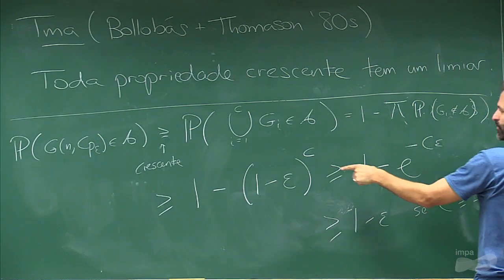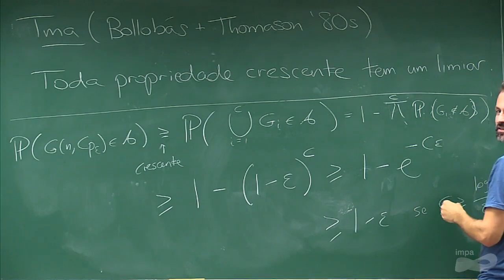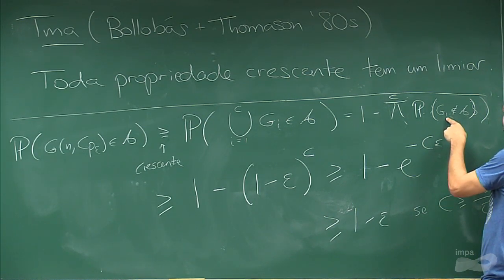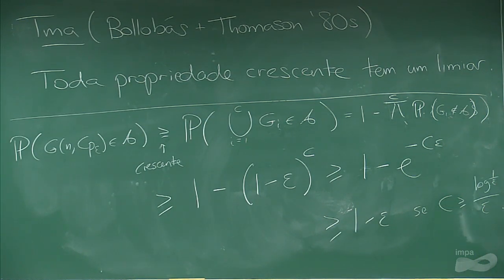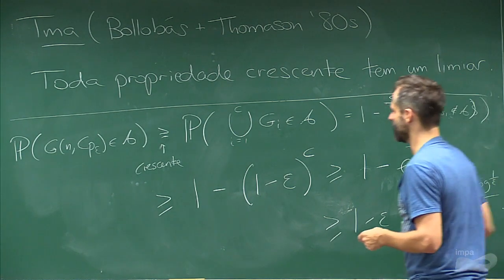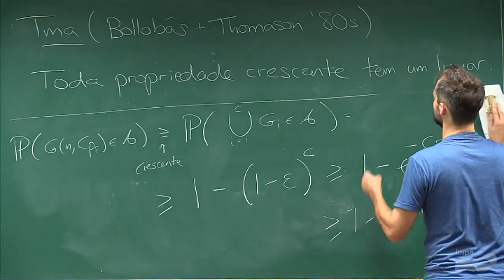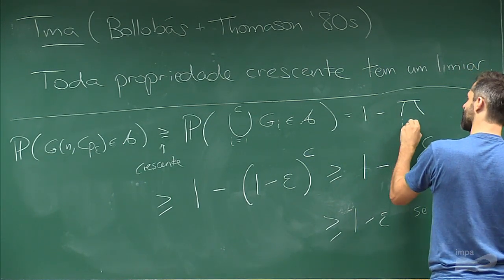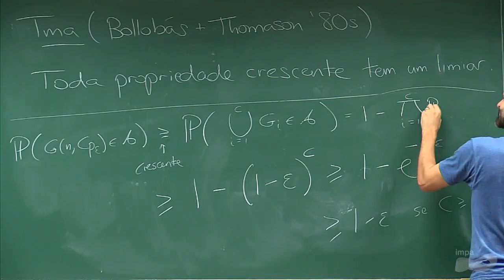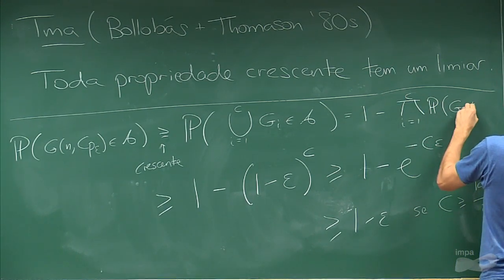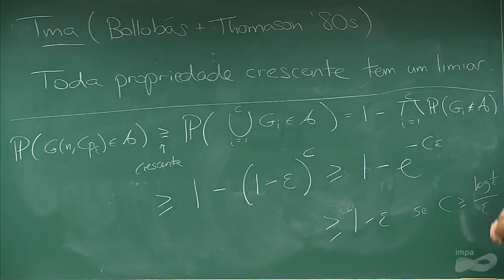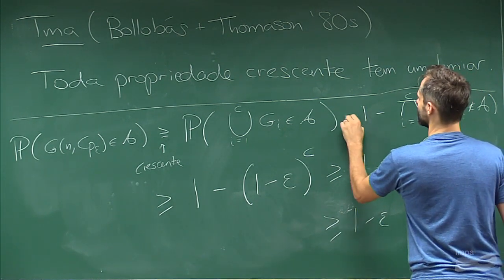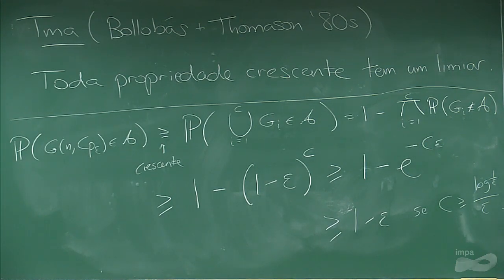So it's 1 minus the product over c things of the probability of G_i not being in A. Let me write this line properly: 1 minus the product, i equals 1 to c, of the probability G_i not in A. This is using independence and the definition of the G_i's. Right? So this is okay? Yeah, the equality is okay.